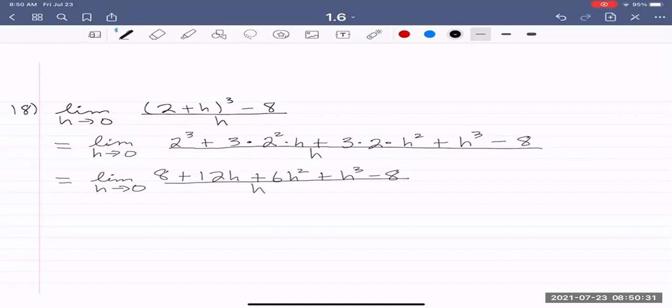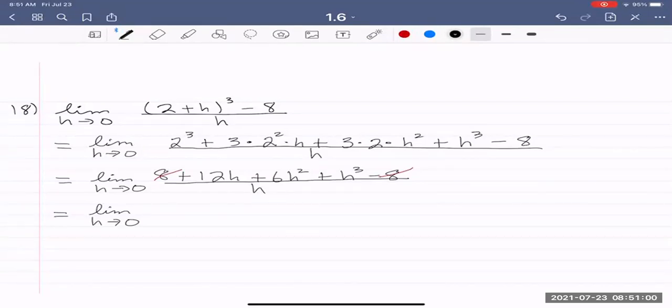Now, if I plug in 0 here, I still get 8 plus 0 plus 0 plus 0 minus 8, which is 0 over 0. Okay, so I still have to keep going here. So this is equal to the limit as h goes to 0. The 8's cancel.